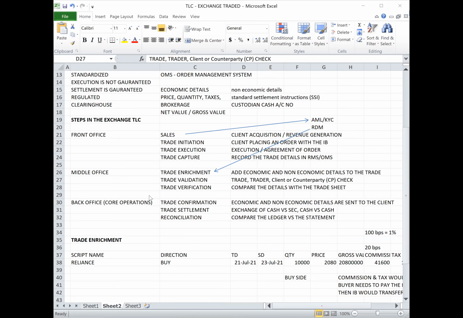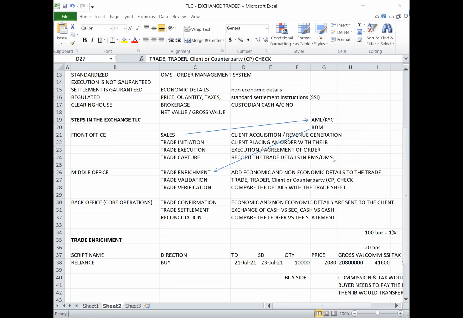Okay, so middle office person would check here what details of the trade do they have versus what details are captured in the RMS or OMS system by the front office. There should not be any difference in the details which the middle office has and which the front office guys have captured in the system.